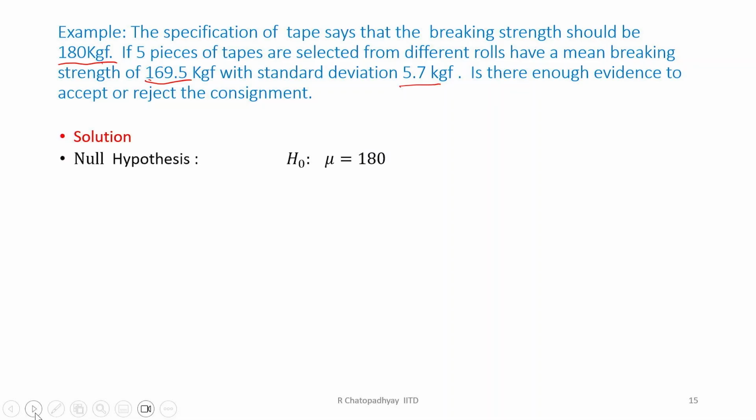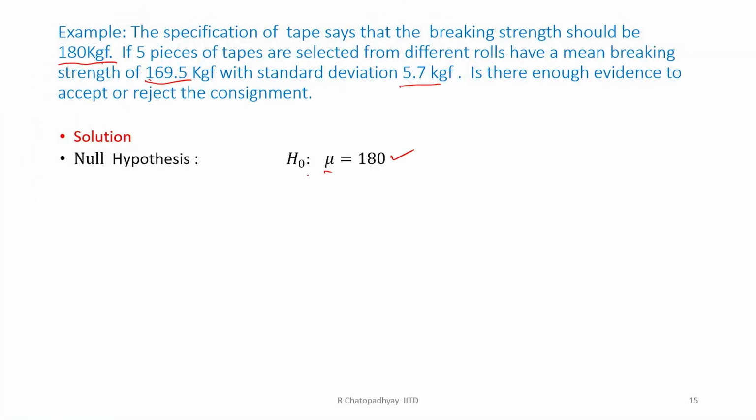So, solution procedure. Null hypothesis: mu is equal to 180. Even though the sample data says 169.5, and therefore you will be tempted to comment that the tapes are weak, whatever tapes are coming to us, they are weak, which may or may not be true.